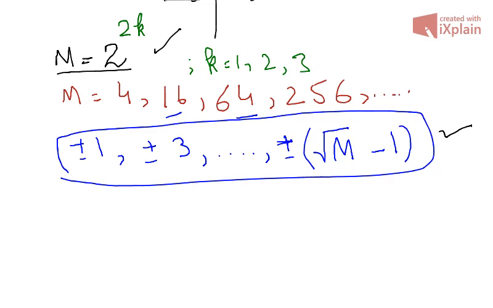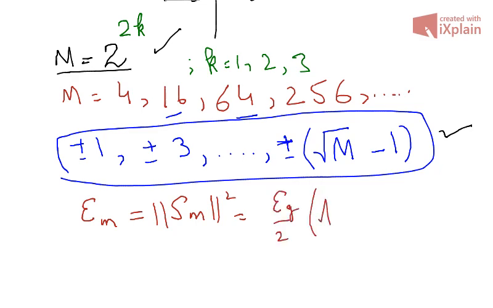Then the average energy. If you observe the expression for the average energy, we derived it previously. We said that our expression of the average energy is Eg over 2 times the sum of A_mI square plus A_mQ square.